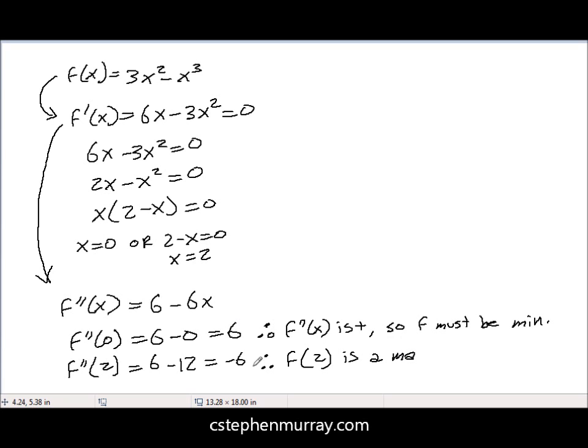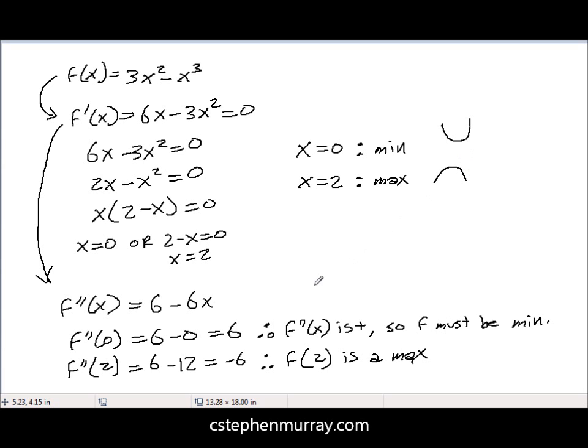Now, you may ask, did we get this right? Our evaluation is that at x equals 0, this must be a minimum, or as we say, concave up. It's in a valley. At x equals 2, we have a maximum, which is concave down.